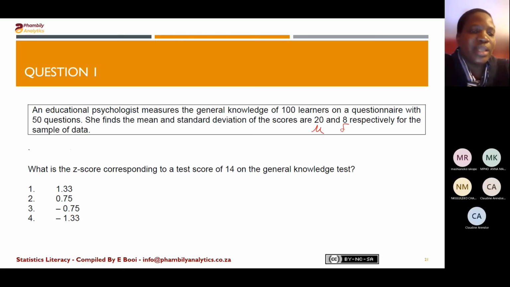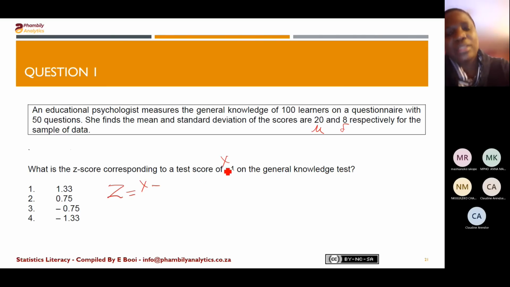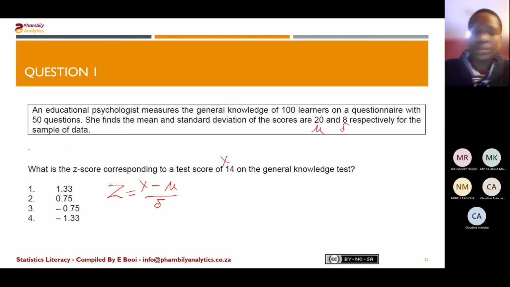What is the Z-score corresponding to a test score of 14 on the general knowledge test? That is your activity. The formula is Z equals X minus the mean divided by the standard deviation; remember X is always given in the question. Let's see if you can get this one without my help. Is it option 1, 2, 3, or 4?